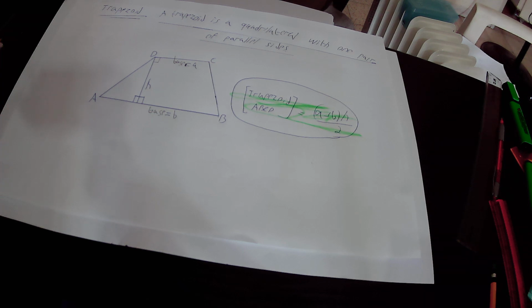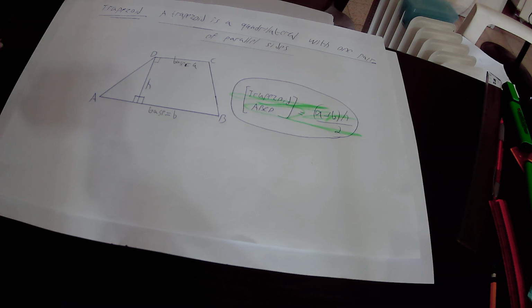And what is the area of trapezoid ABCD? First of all, the two parallel sides, that is to say side DC that is parallel to side AB, are defined as the bases of the trapezoid. So DC is one base and AB is the other base.